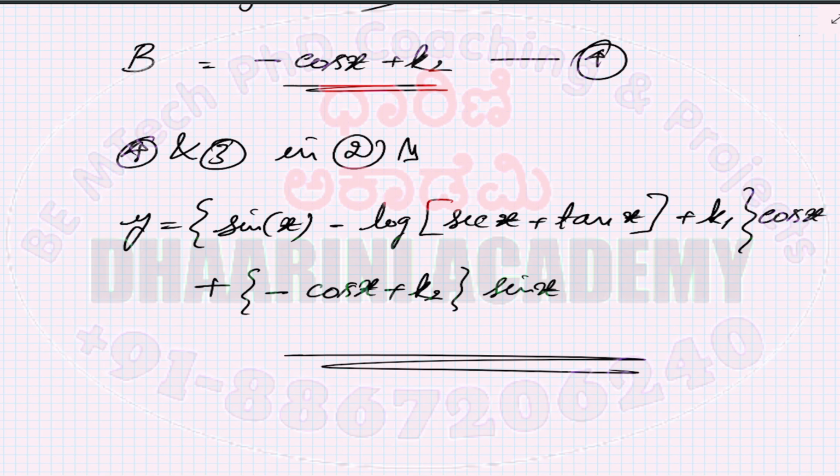So earlier we had a cos x plus b sin x. We found the values of a and b and substituted, and this is the result.